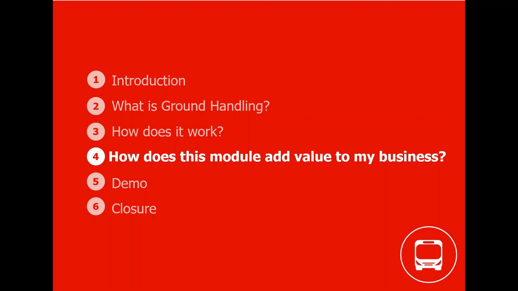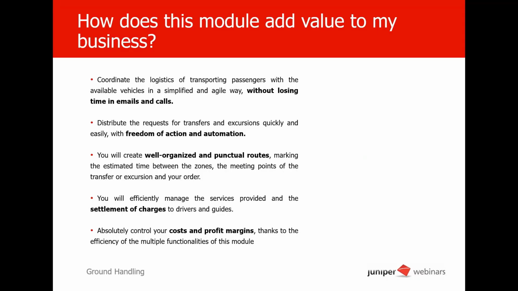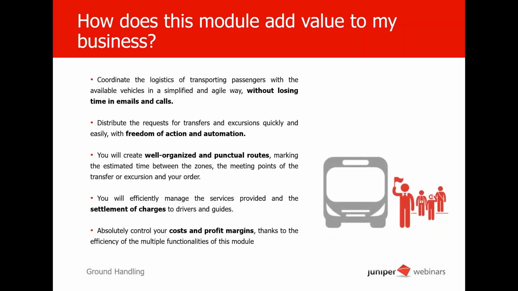How does this module add value to my business? Coordinate the logistics of transporting passengers with the available vehicles in a simplified and agile way without losing time in emails and calls. Distribute the requests for transfers and excursions quickly and easily with freedom of action and automation.